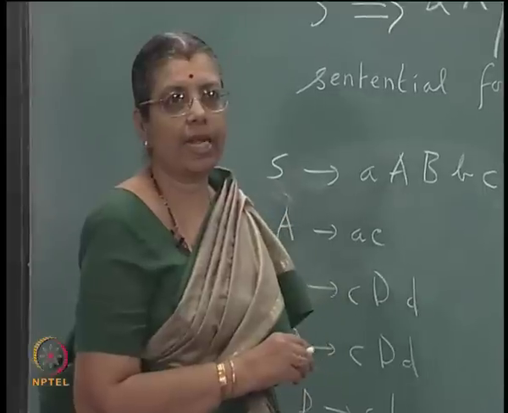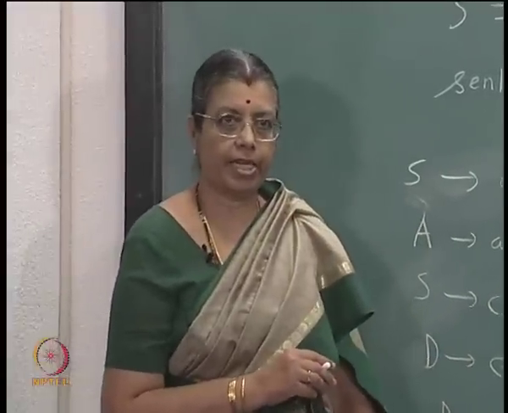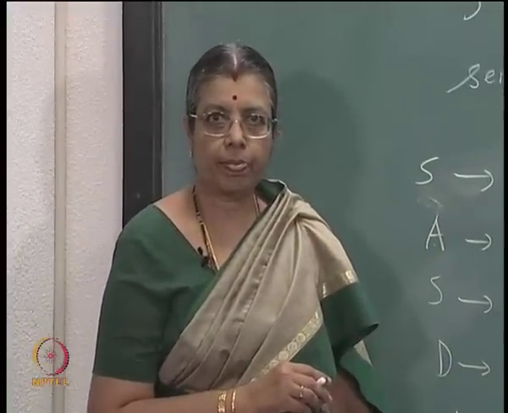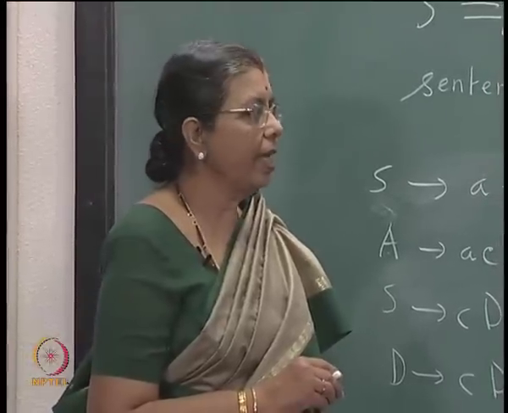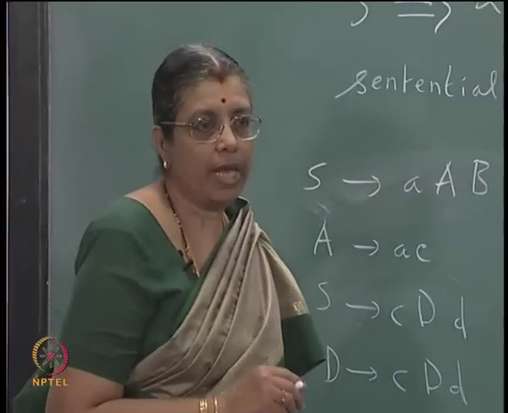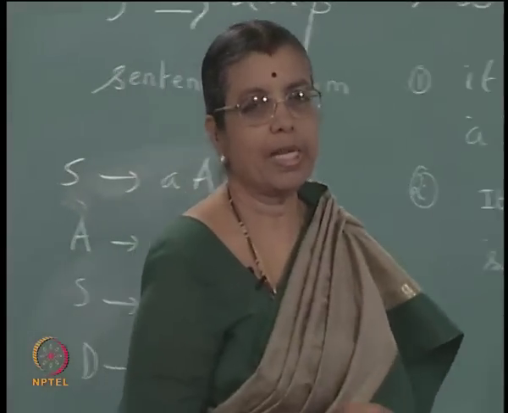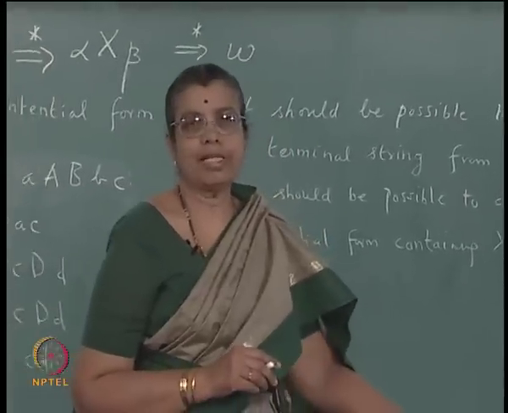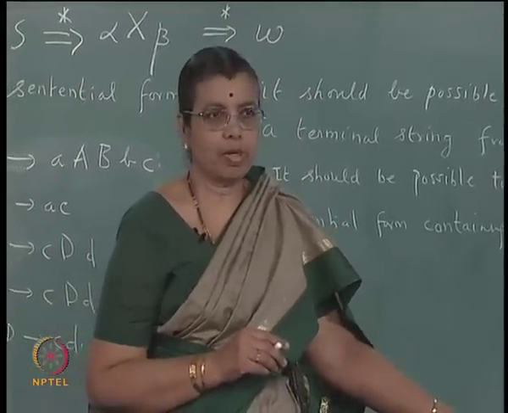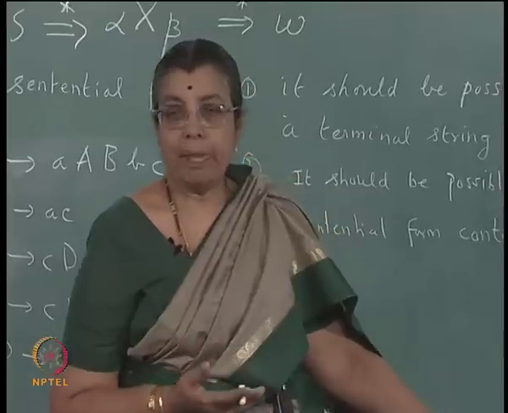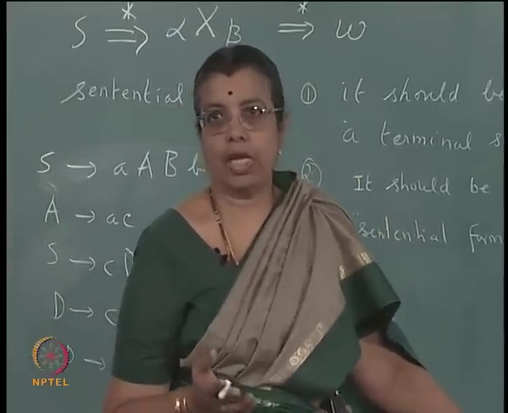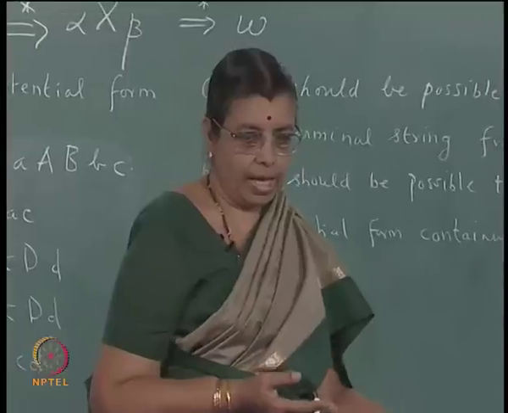So, they are necessary conditions, but they are not sufficient conditions. Okay. So, with this idea, let us see how to remove the useless non-terminals. Most of the times, for terminal symbols you will not bother so much about usefulness, they will be there altogether. But there may be non-terminals which are really useless and you may want to get rid of them.